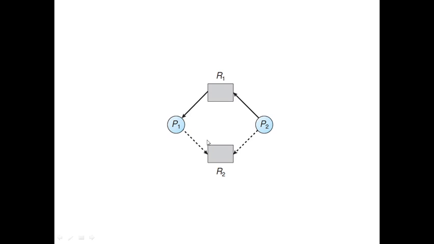It's only a future possibility, but by then P1 may have given up the resource R1, so the cycle may be removed. So a cycle involving a claim edge should not be treated as an actual circular wait condition.